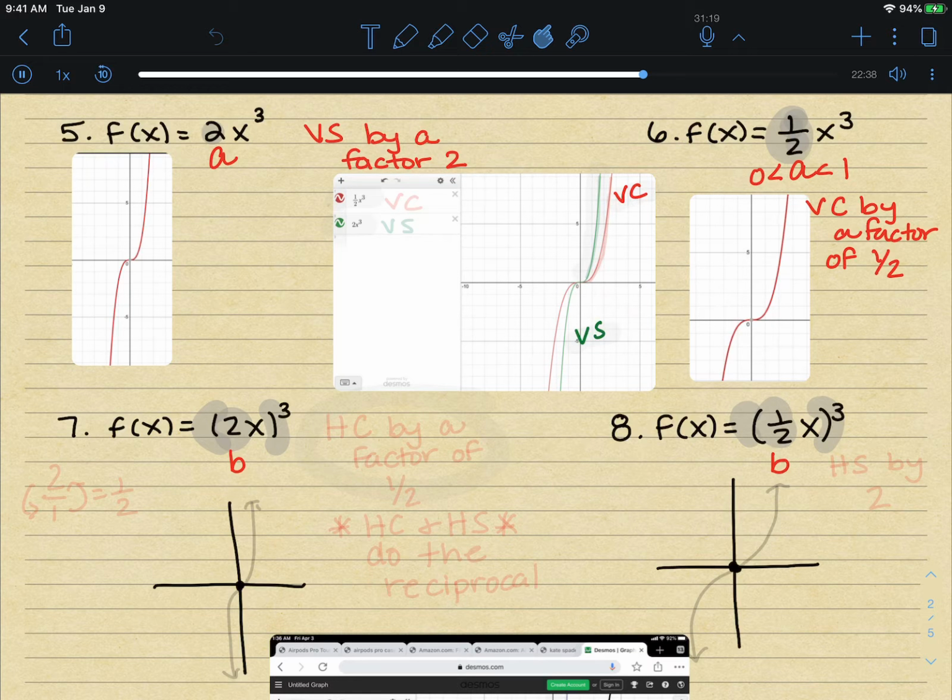So that means that this right here is going to be a horizontal compression by a factor of a half, because I don't know if you guys remember, for horizontal compression and horizontal stretching, you have to do the reciprocal.